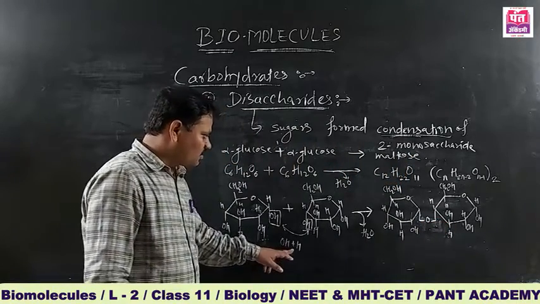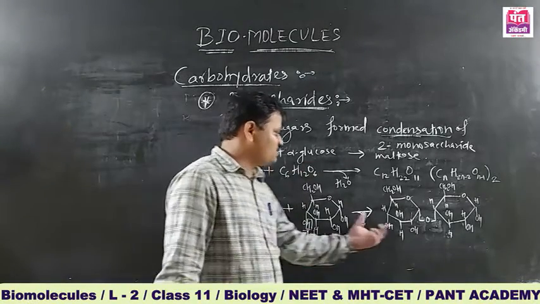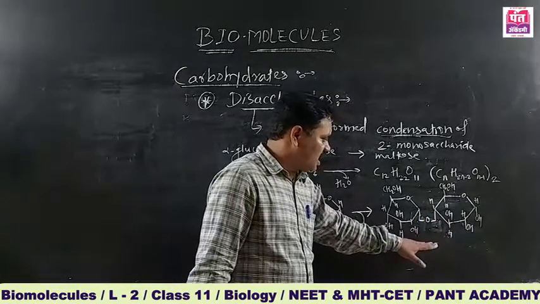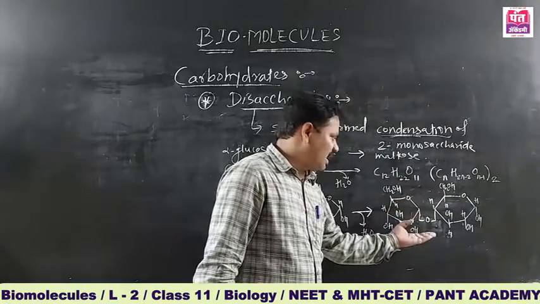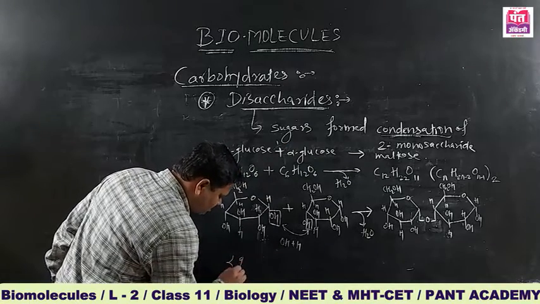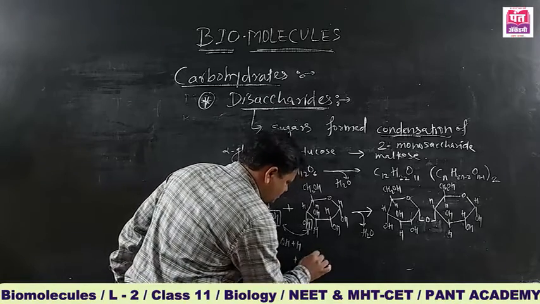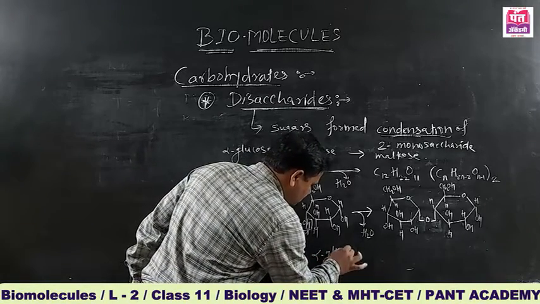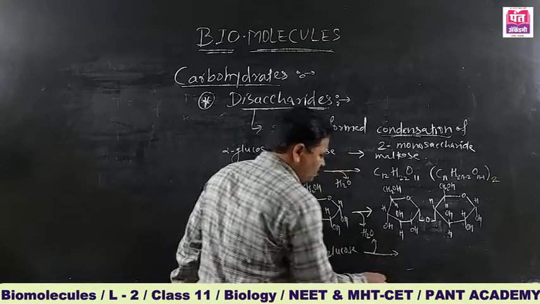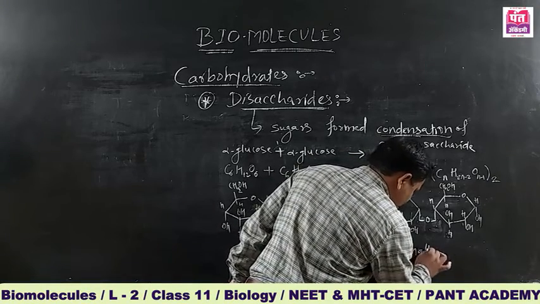So removal of a water molecule is the condensation reaction, joining two different monosaccharides, and these monosaccharides are now combined together and form a disaccharide. So it's alpha glucose plus another alpha glucose, with removal of water, and then it is the disaccharide maltose.